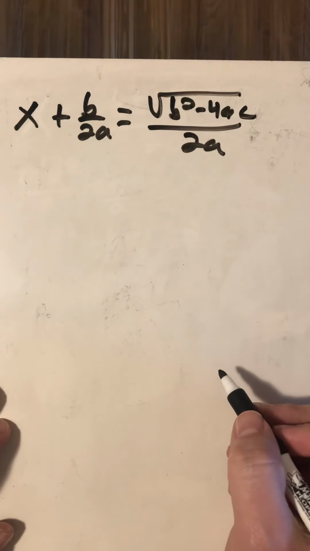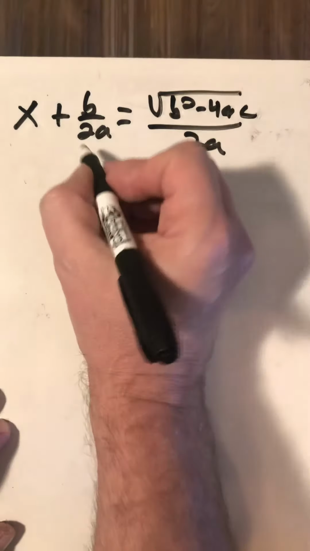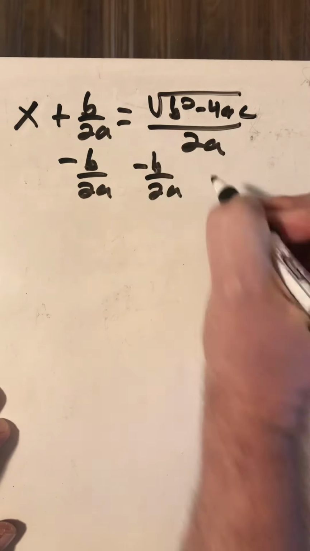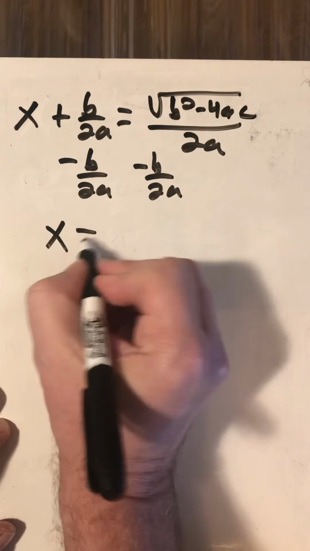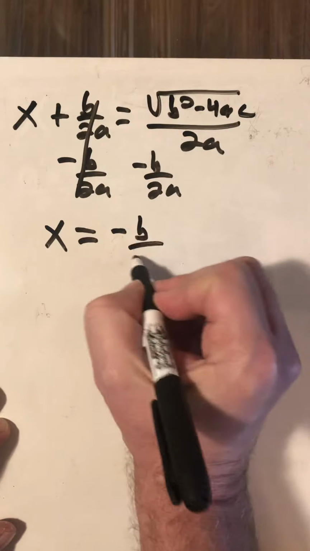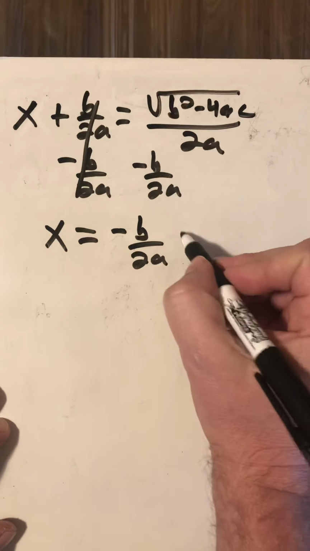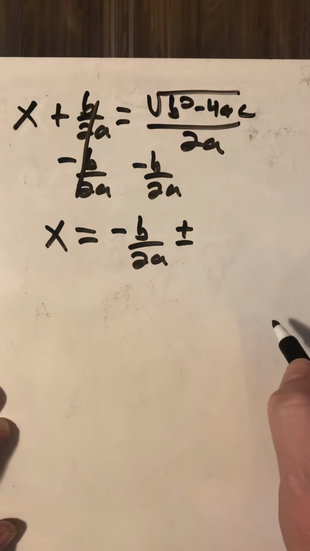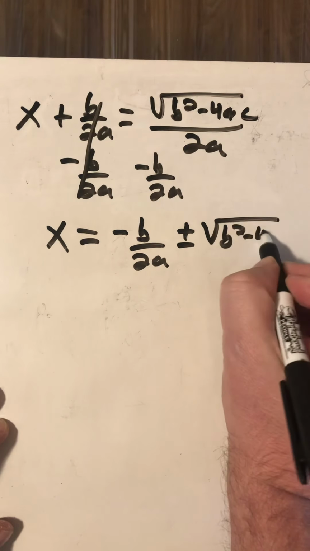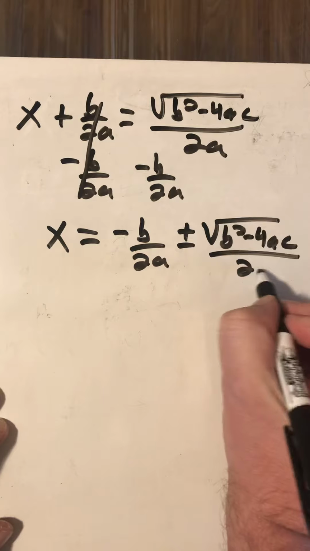All right, the last two steps, we're going to subtract b over 2a from both sides, and we're going to get x equals, that canceled out on that side, negative b over 2a. And remember, we should have done a plus or minus when we took the square root over here. Plus or minus the square root of b squared minus 4ac over 2a.